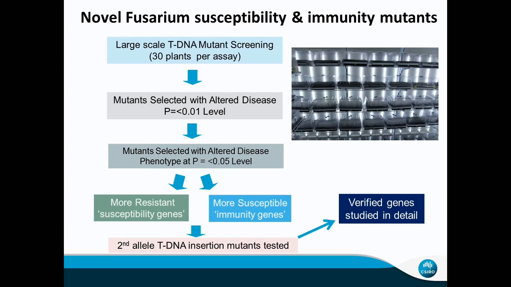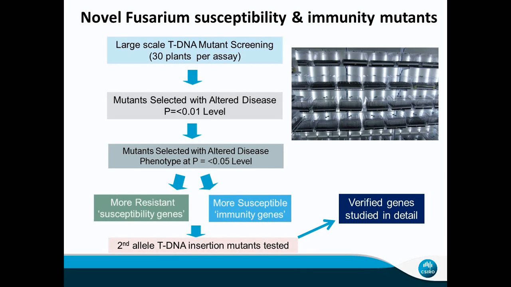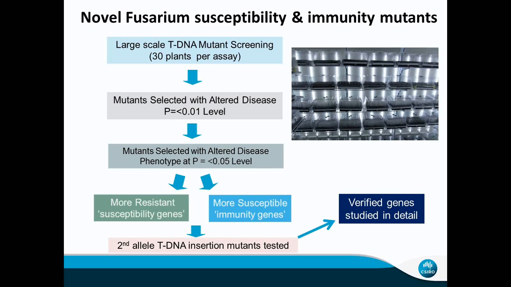Because we have seen that a number of mutants that we have isolated seem to be associated with susceptibility rather than resistance, we decided to undertake a large-scale screen using thousands of available homozygous Arabidopsis T-DNA insertion lines.